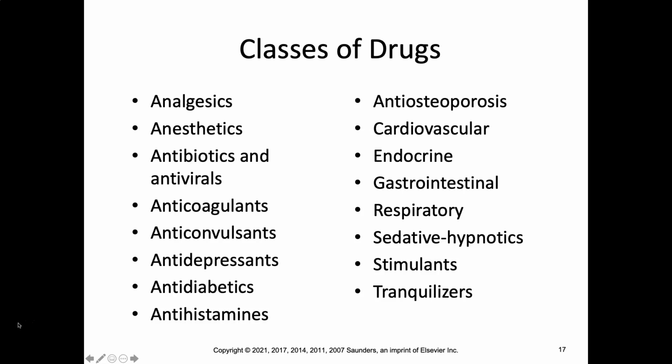And that's between pages 829 and 839. So to learn more about each of these classes of drugs, I would definitely direct you there so that you can look at that information.